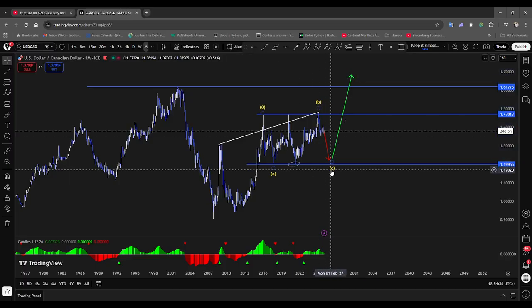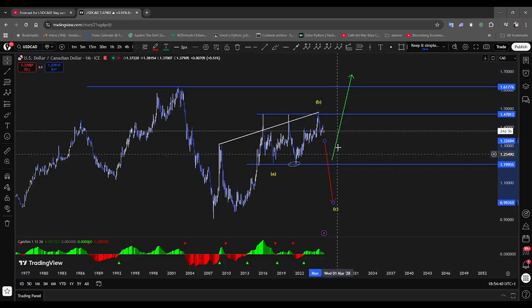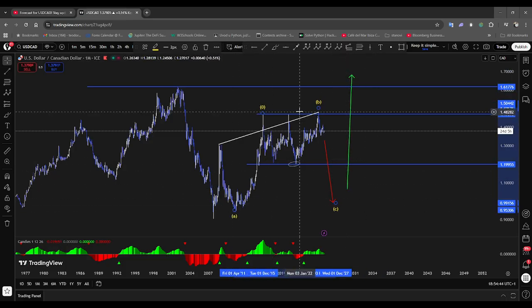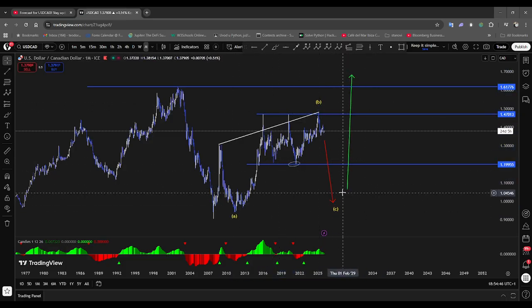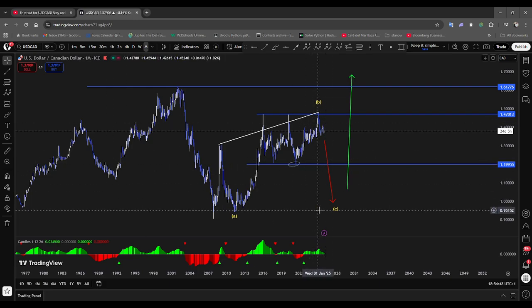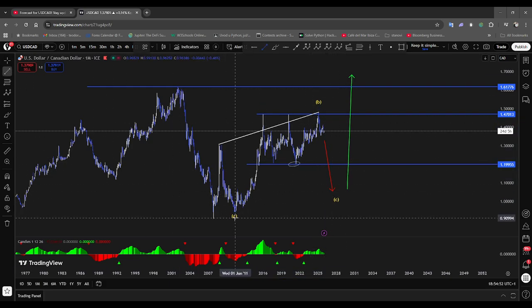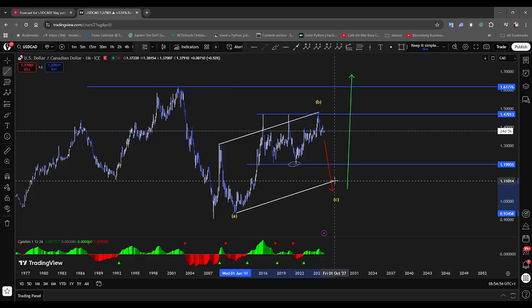So if this C wave goes here, then there is potential that we can be looking at A, B and C, which would give us a much bigger running flat like this, for example.